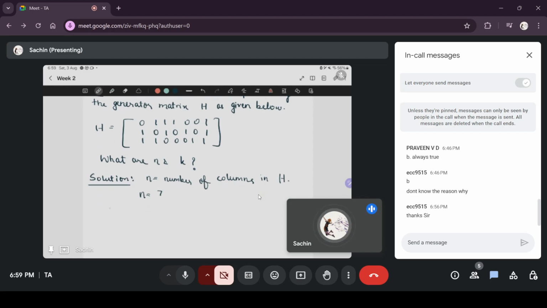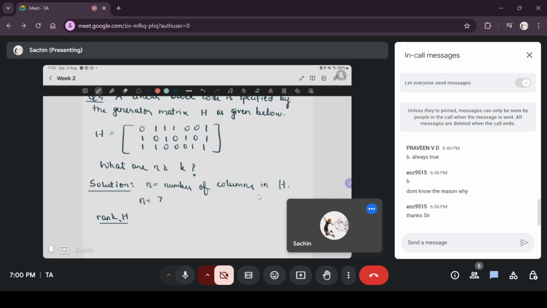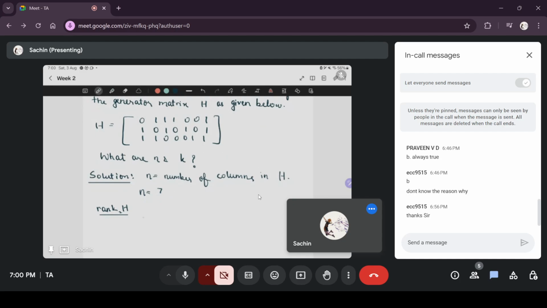To find out k, first you have to find out the rank of H. Let's do that. So we are allowed to rearrange the rows.